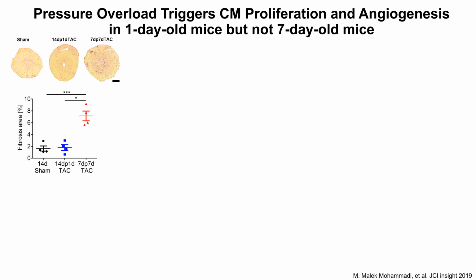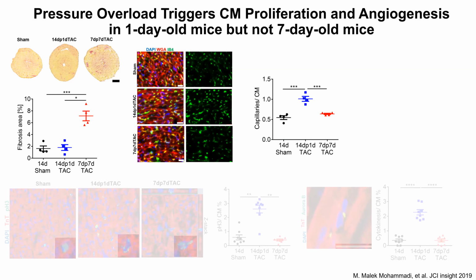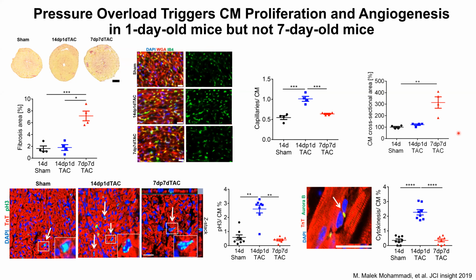Further immunostaining showed that pressure overload in the regeneration phase increases angiogenesis as well as cardiomyocyte proliferation. But in the non-regenerative phase, pressure overload increases cardiomyocyte cross-sectional area, which is hypertrophy.